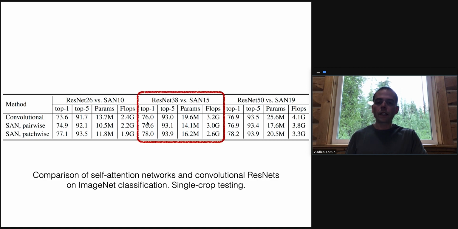Let's focus on this middle block, where a ResNet 38 baseline is compared with a corresponding self-attention network that was constructed by essentially taking ResNet 38 and replacing convolutional layers with self-attention layers. The ResNet baseline gets 76% top 1 accuracy on image classification.